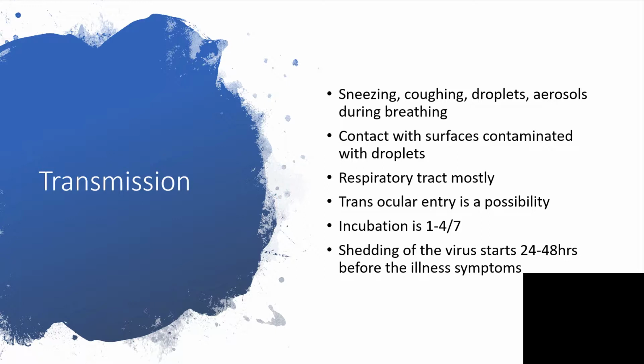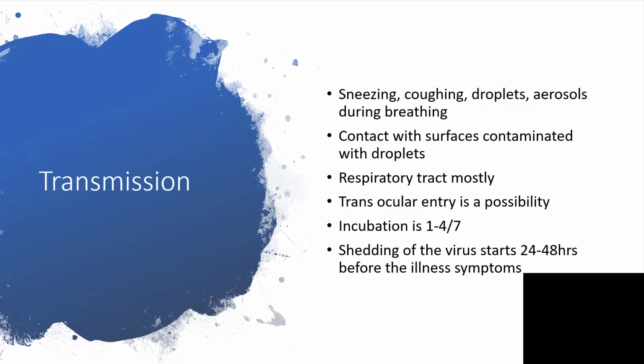Shedding of the virus starts 24 to 48 hours before the onset of the illness. In other words, if you think you want to run away from anyone already exhibiting the signs and symptoms, well, that's fine, but you might have contracted it 24 to 48 hours before noticing the symptoms.